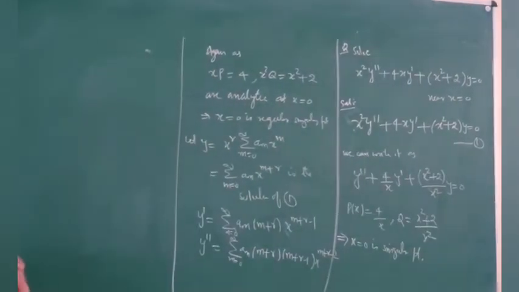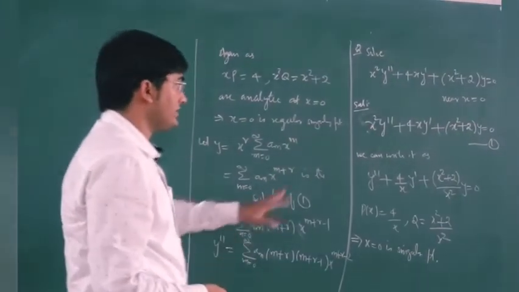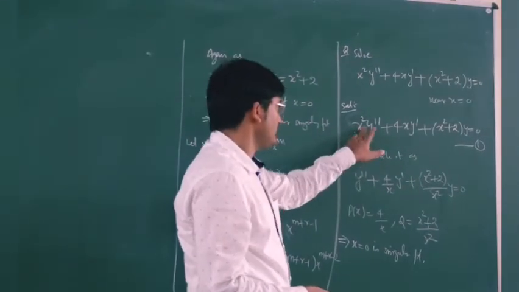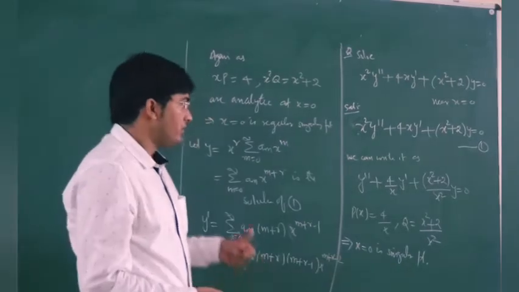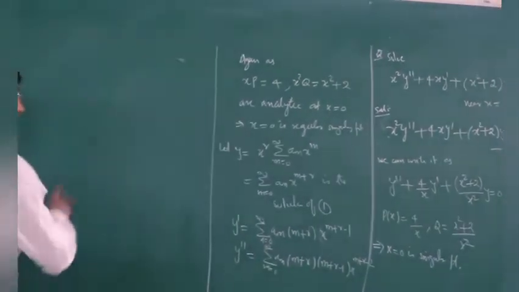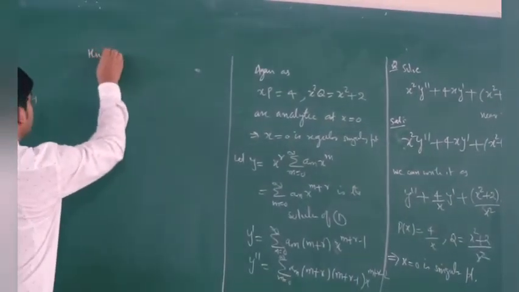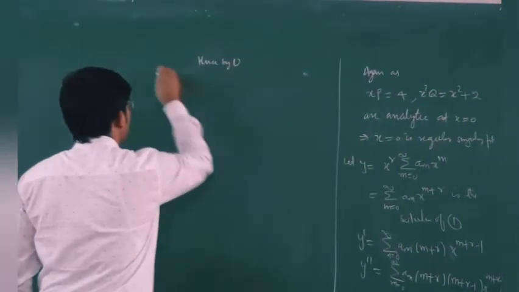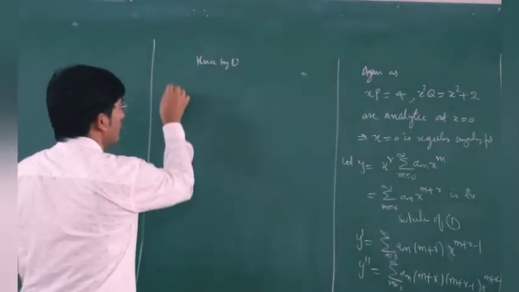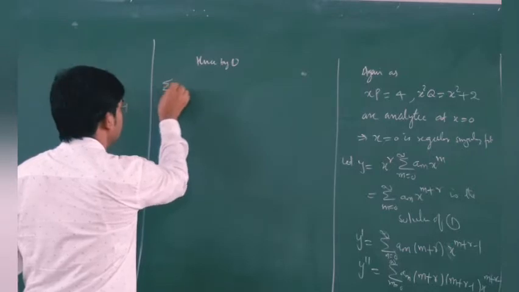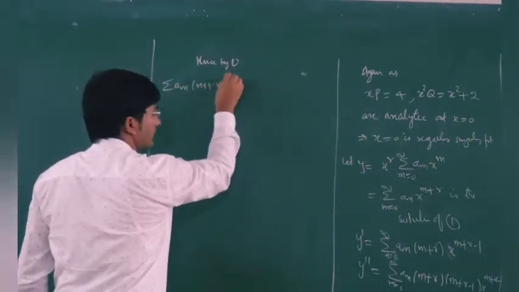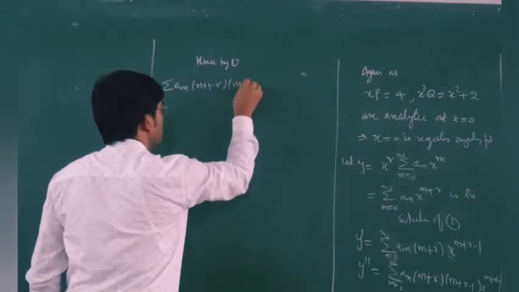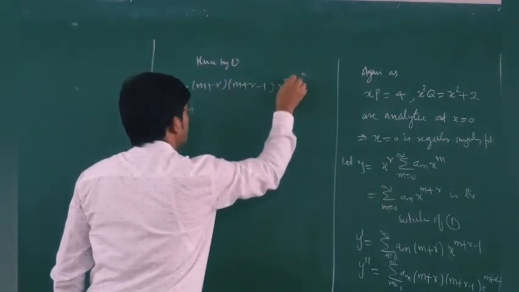Now let us put the values of y dash and y double dash in this equation. The first term will be x square into y double dash, so we have a_m (m plus r)(m plus r minus 1) x power (m plus r).